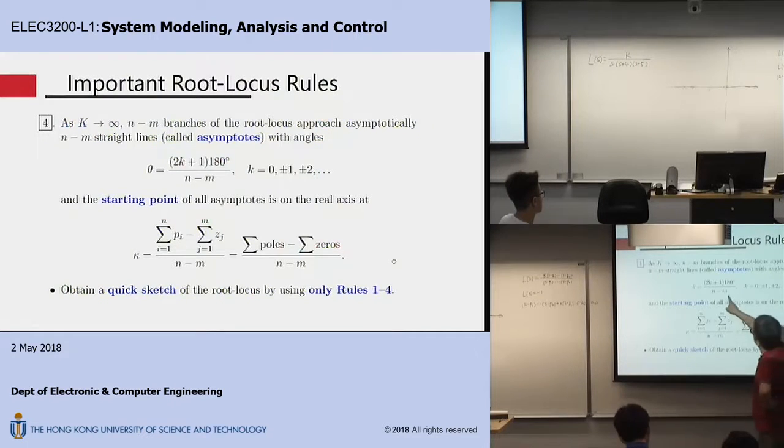So we first need to compute the angles. We'll definitely have three angles because these are three asymptotes. n minus m in this example is 3.